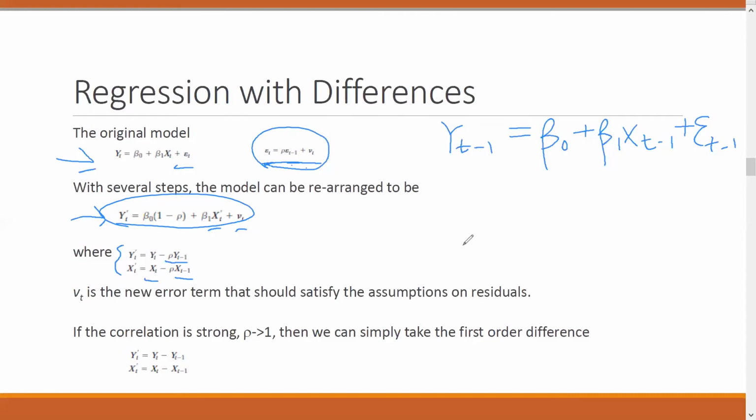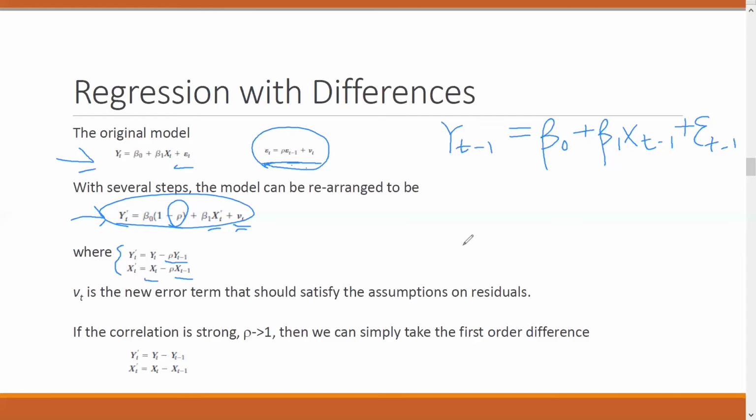And with this new simple linear regression equation, we're going to assume everything should be satisfied. The residuals vt will be independent of each other. If we want to estimate this new model, we can do so if we know the value of rho. That's another unknown for us. For y prime t, once we know rho, we can calculate y prime t.